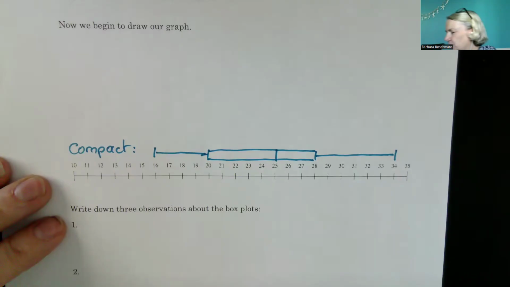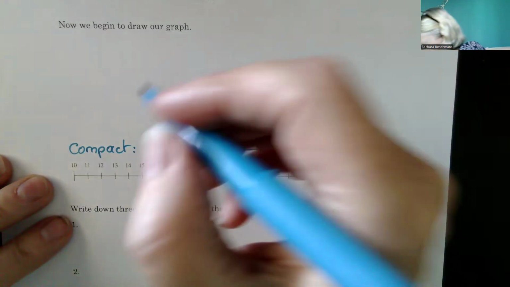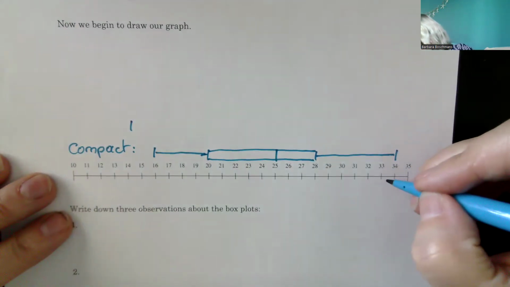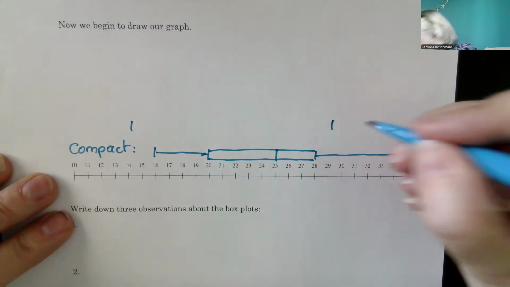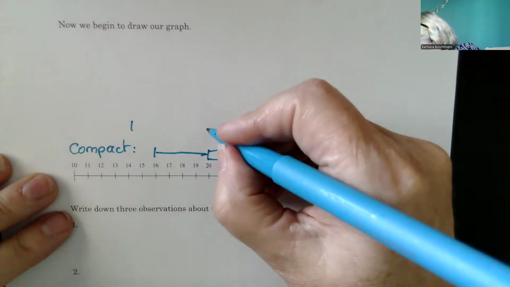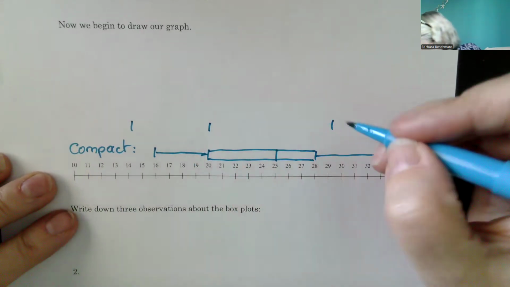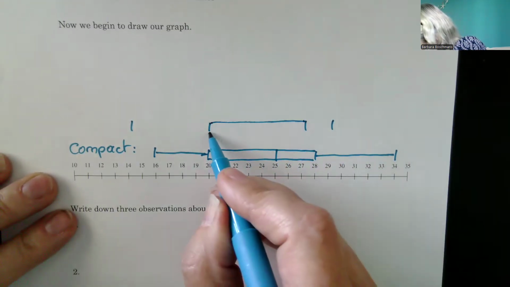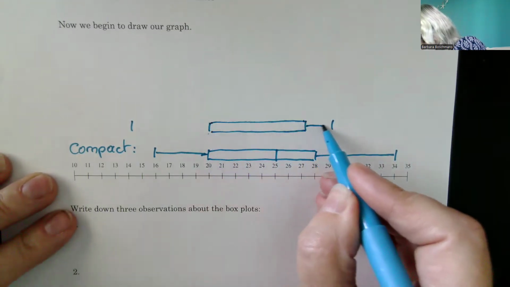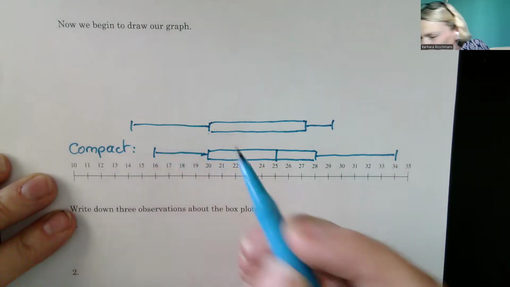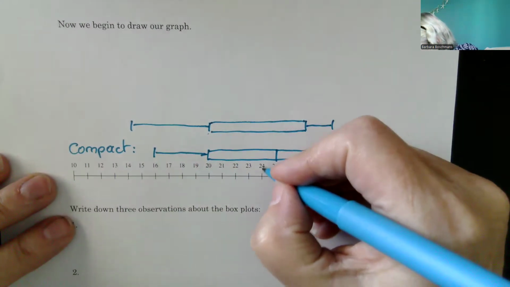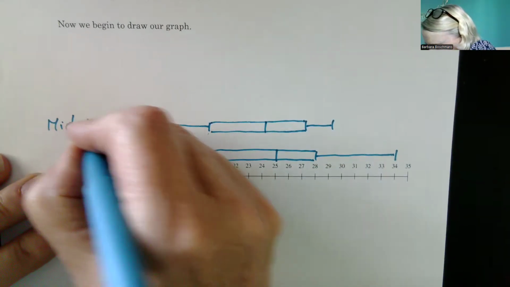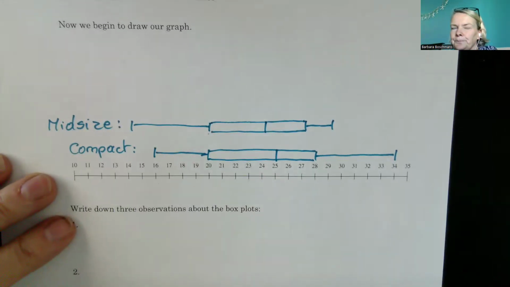On the same axis, I'm now going to graph my mid-size car, which went from 14, whisker at 14, and a whisker at 29. The box, again, starts at 20 and goes to 27. And then inside the box, I'm going to put my median at 24. This is mid-size.